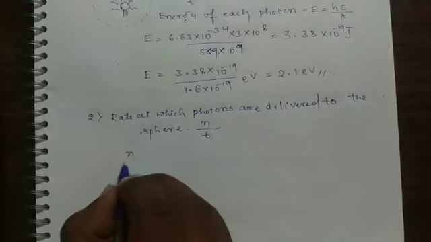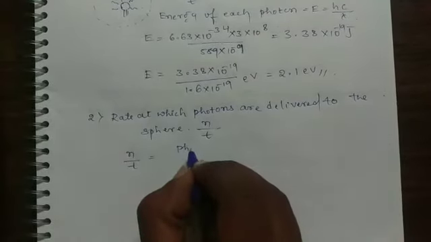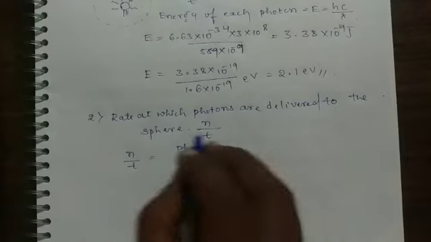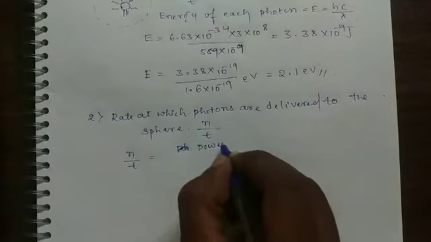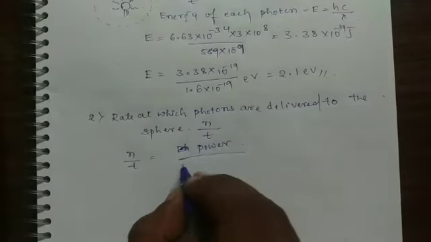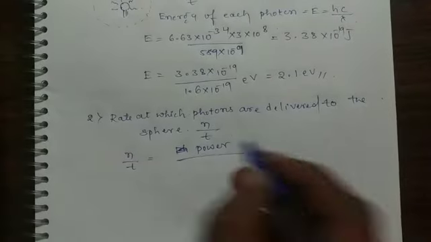So N by t is equal to, N means emission of photons, it means emitted photons. Here we consider power divided by energy of each photon.